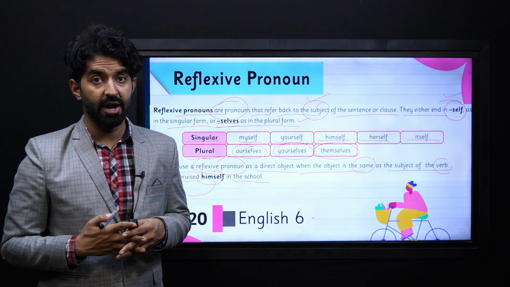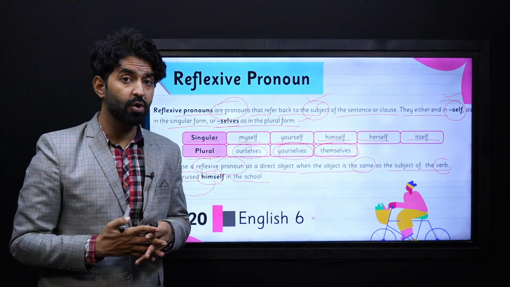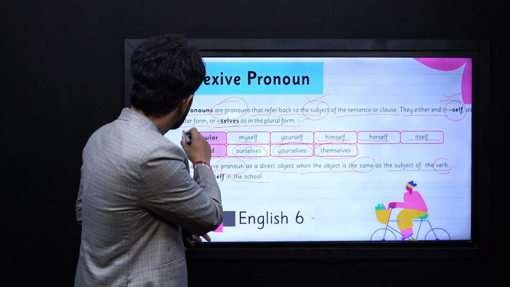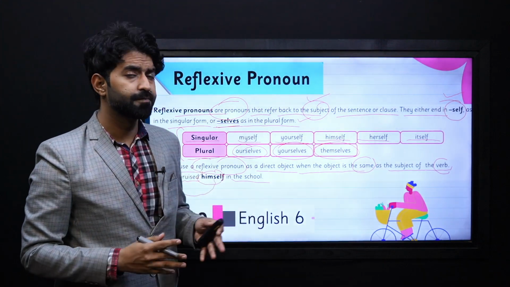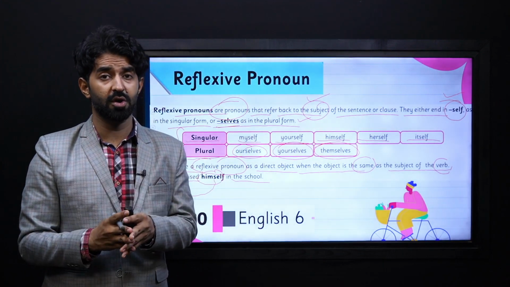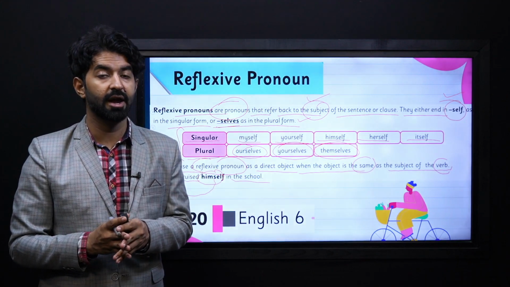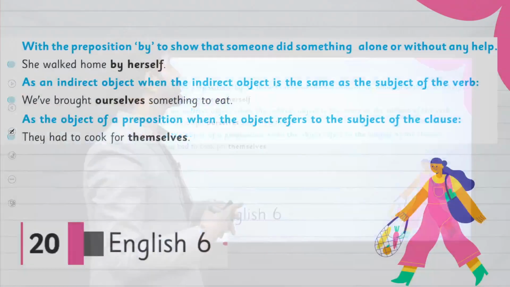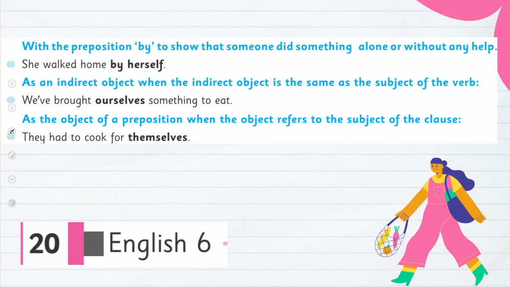We also looked at reflexive pronouns in both singular and plural cases. You can learn them all by heart so that you can use your reflexive pronouns accordingly and efficiently. Now, moving on, let's look at different scenarios, different ways of using the reflexive pronouns. Now, with the preposition by to show that someone did something alone or without any help.